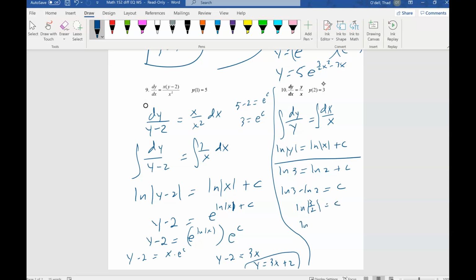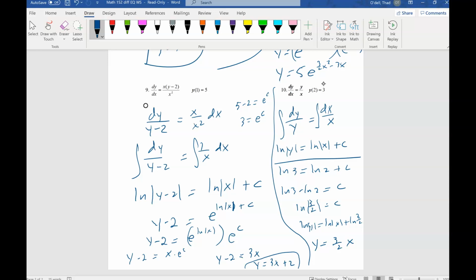So then I have natural log of y is equal to natural log of x plus natural log of 3/2. So I exponentiate both sides. I get y is equal to 3/2 x, because this would be e to the something plus something, which means something's multiplied.